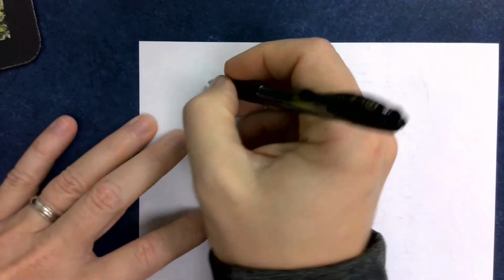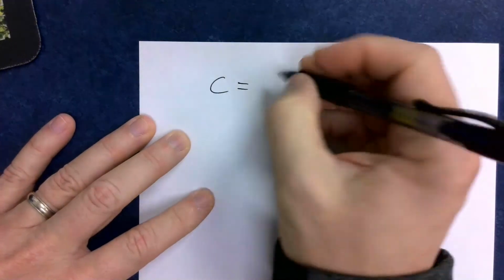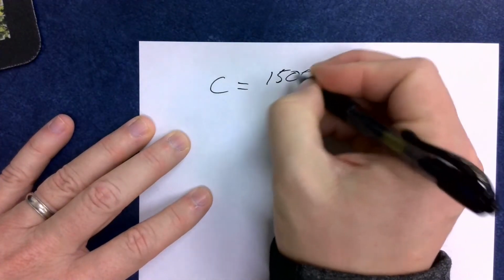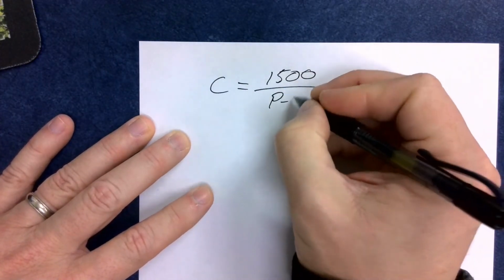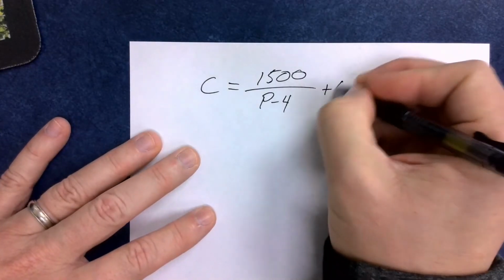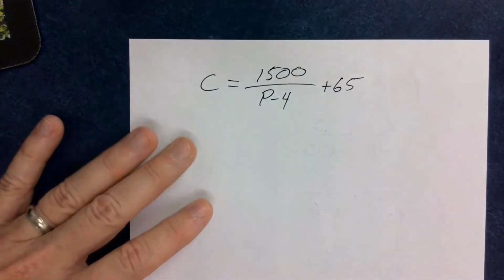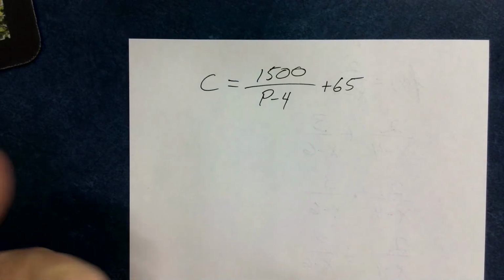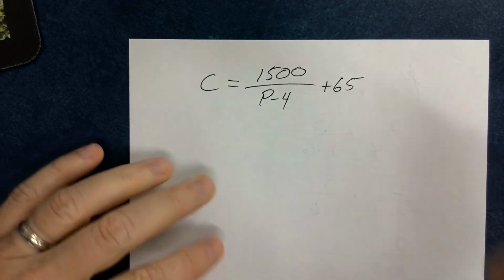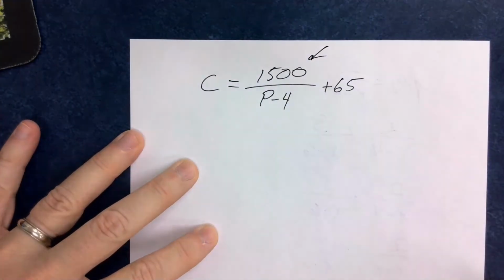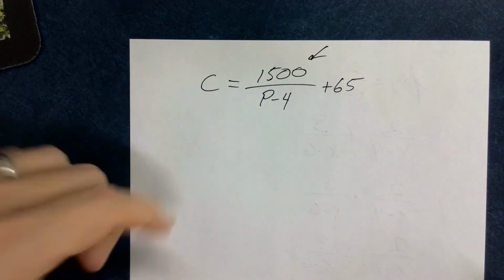We should know some basics on some of these equations, but I'm going to do the Cedar Point one. So let's say I have this equation. C is equal to 1500 over P minus 4 plus 65. And this was the Cedar Point trip equation where we needed to rent a bus, and the bus rental was $1,500.